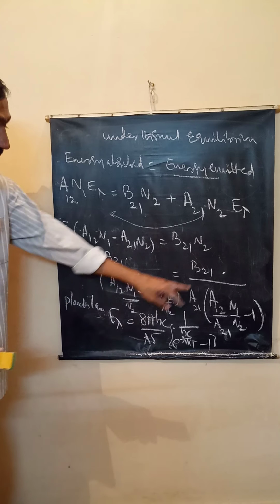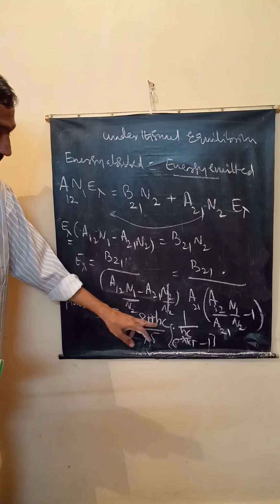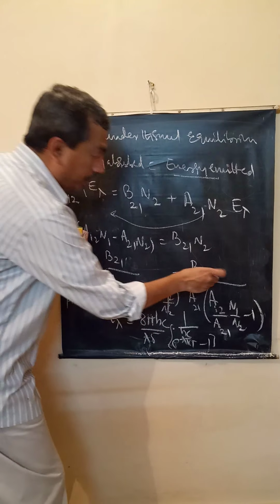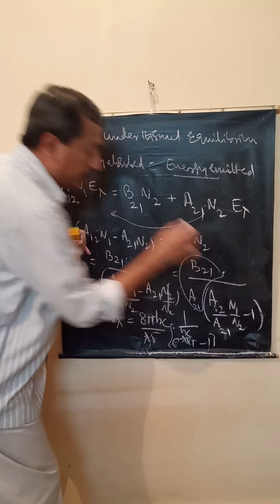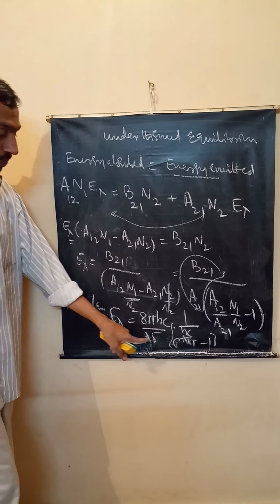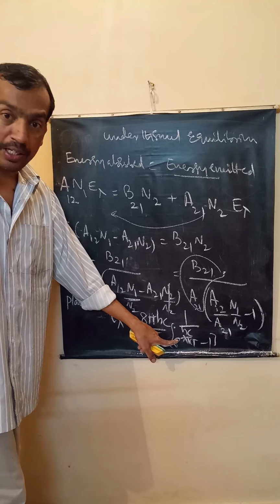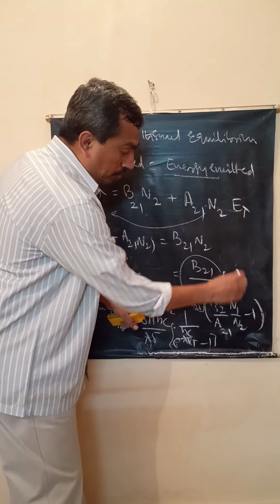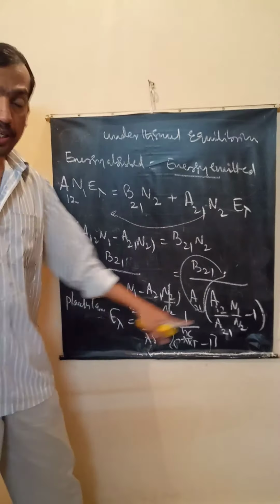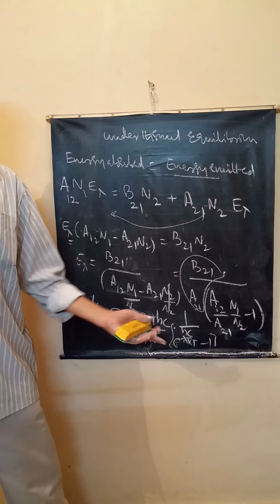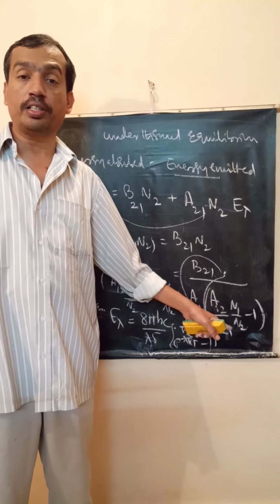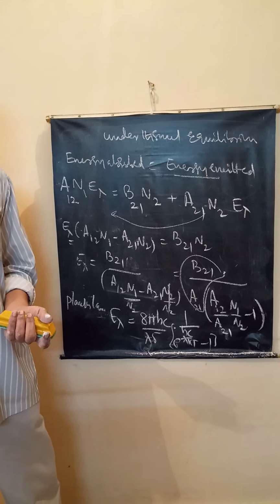This Planck's law and this equation look very similar. See this, 8 pi hc by lambda^5. This term is similar to 8 pi hc by lambda^5. 1 by e power hc by lambda kT minus 1. See here, 1 by (N1 by N2 minus 1). N1 by N2, population ratio. What is the ratio of the number of atoms in the ground state to the excited state? e power hc by lambda kT.